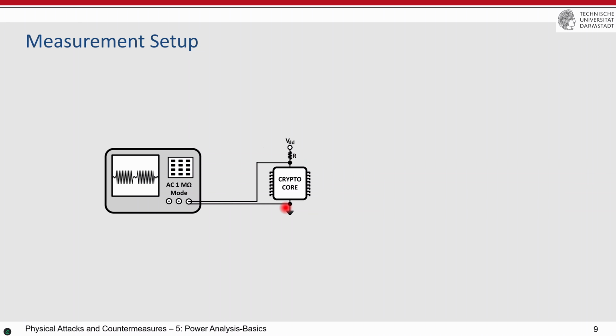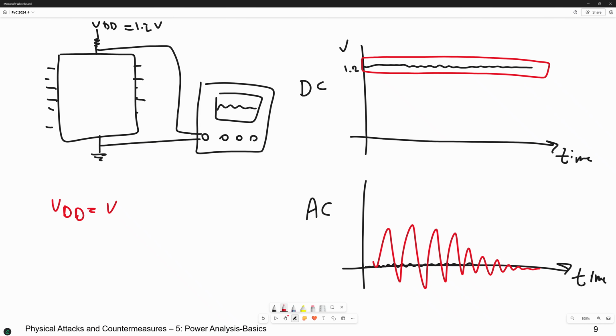And if you measure one of them, then VDD should be the same as V of chip plus V of resistor. And the sum of them is constant. Either you measure this one or you measure this one, which is proportional to the current.